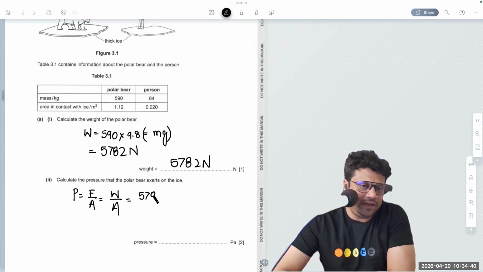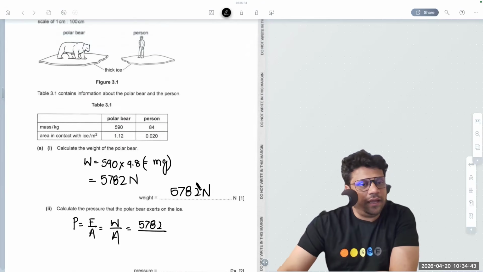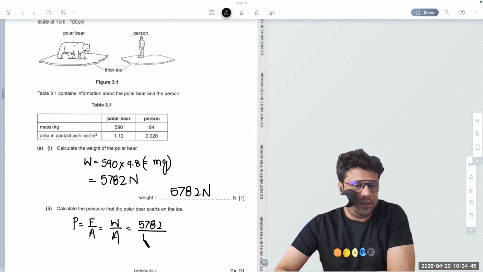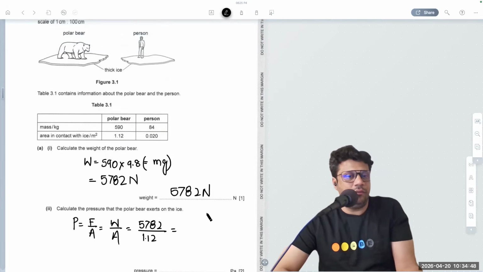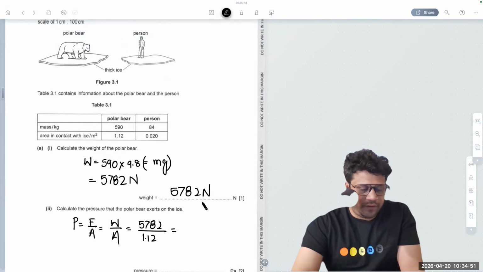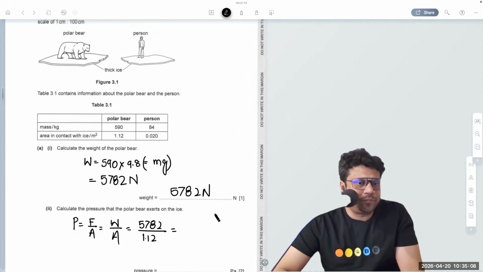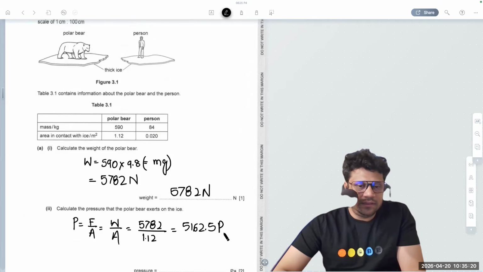So that's 5782 divided by the area in contact with ice, which is 1.12. 5782 divided by 1.12 is 5162.5 newtons per meter square, so pascals.